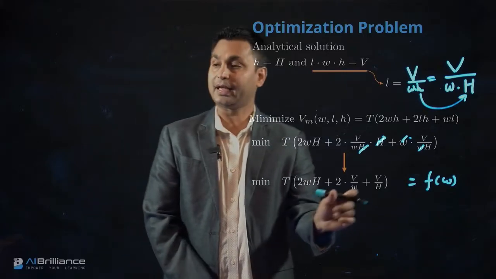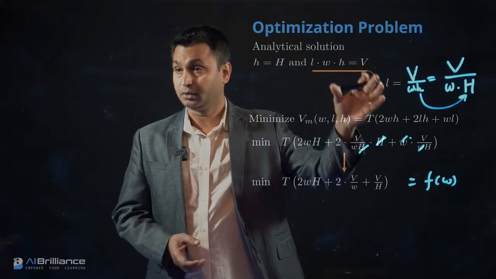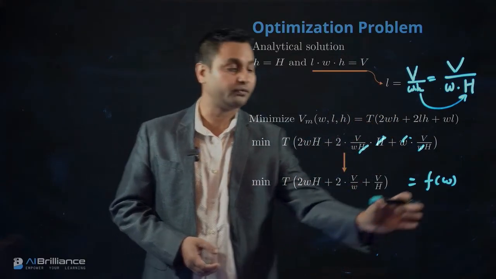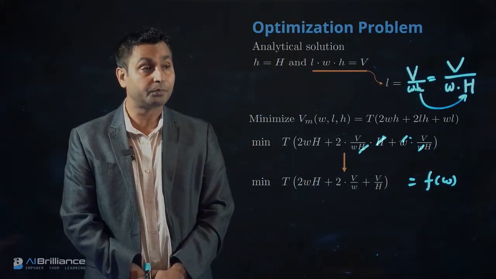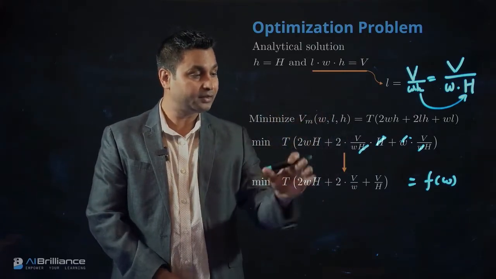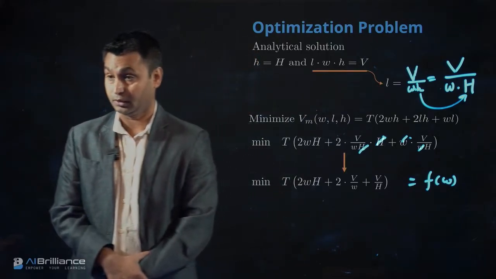All the other things, like capital H or capital V, are constants. So by substitution, we eliminated L and came up with a function which was purely a function of W. We have recast our optimization problem, or the objective function, and by substitution arrived at an equation which is only a function of a single variable.